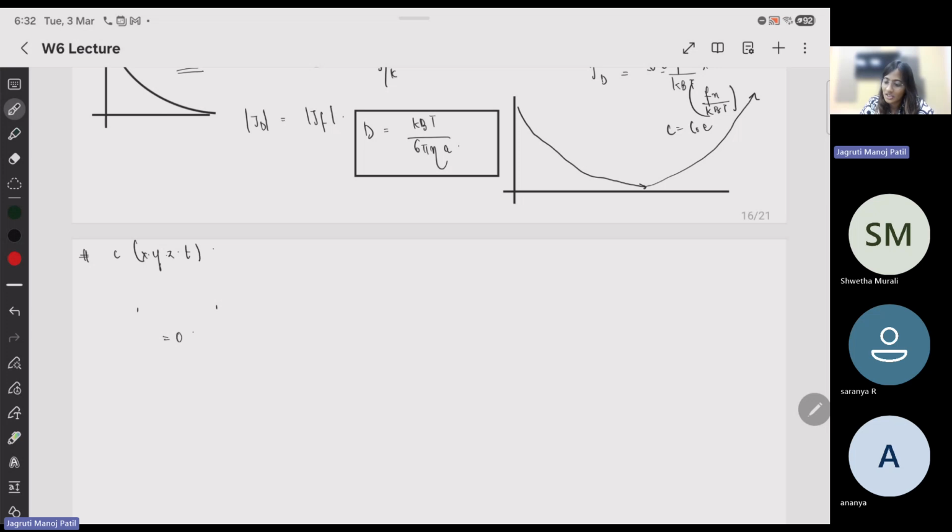Now, if the change is too small, the time derivative of the concentration gradient would be zero if it's not changing, and if your delta x is too small within the positions that you're trying to look at.